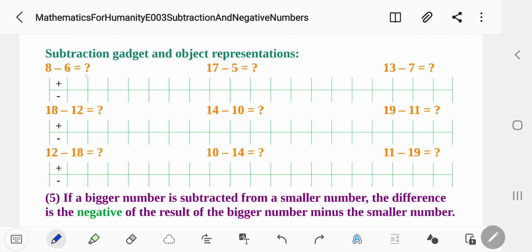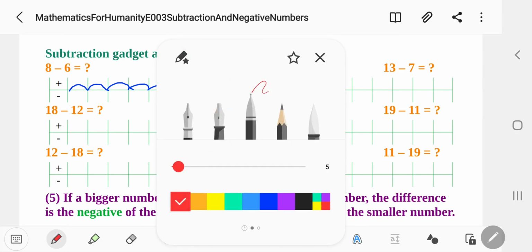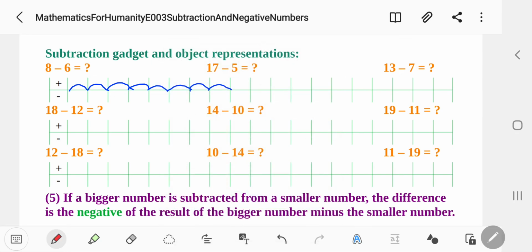So for 8 minus 6, you have to put a symbol here, or you can do it like this. You can draw a wave. This will represent 1, 2, 3, 4, 5, 6, 7, 8. And then you can draw a wave below for minus 6.